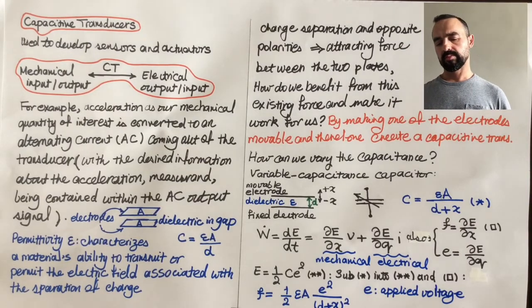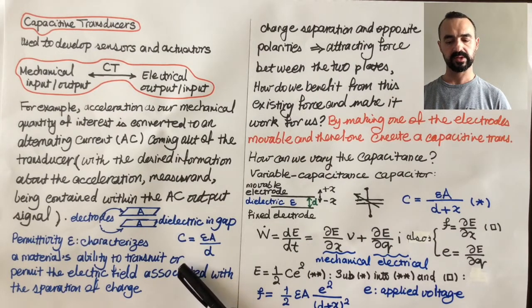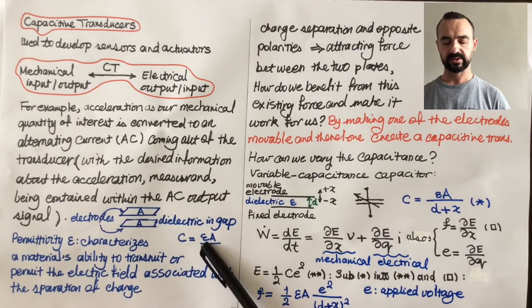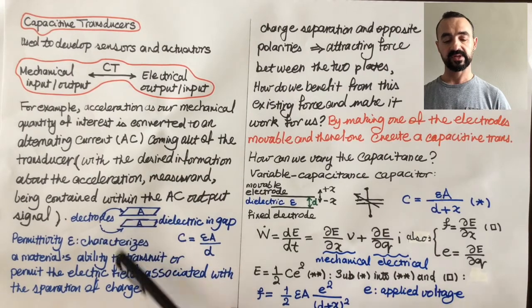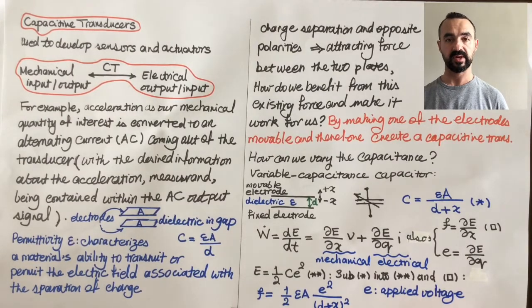Now, the fundamental question is: we know from basic electronics that this is how we compute the capacitance between the two electrodes: C equals epsilon, the permittivity, times A, the area, over d, where d is the gap between the two electrodes. Now, how can we change this capacitance?